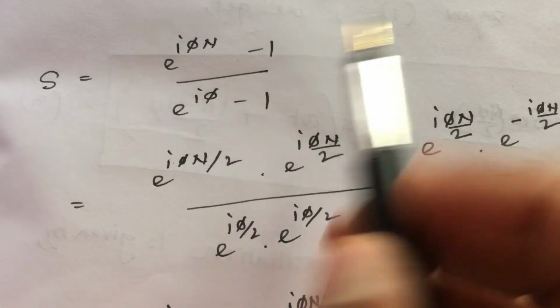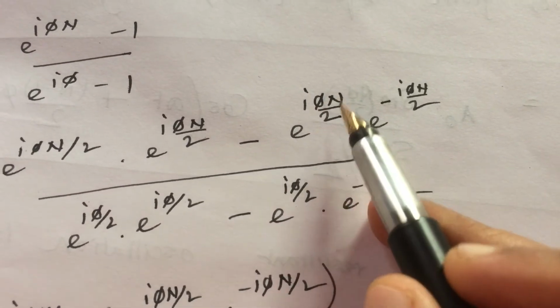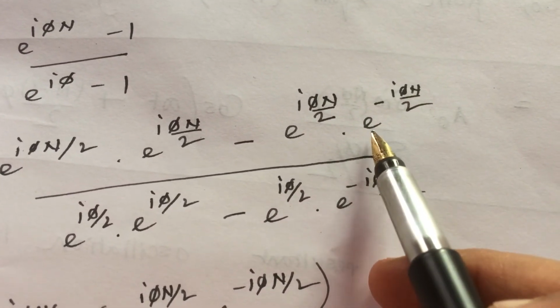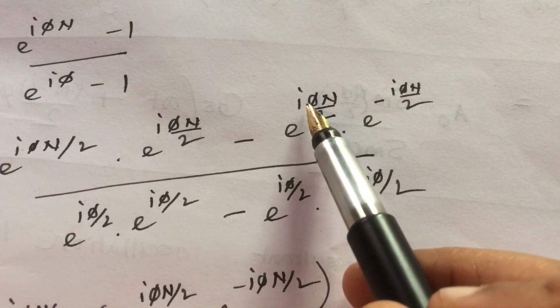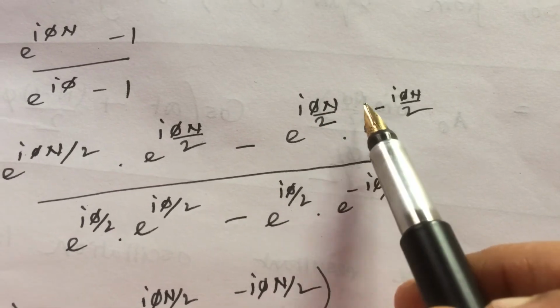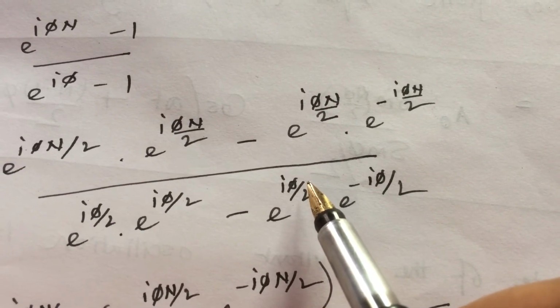Okay, 1 equal to, I can write e to the power iφn into e to the power minus iφn by 2, because again when we add this e to the power iφn by 2 minus e to the power iφn by 2, this will give me e to the power 0, and anything to the power 0 is equal to 1.